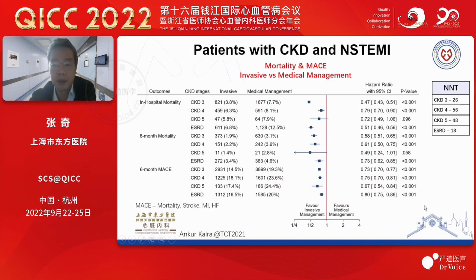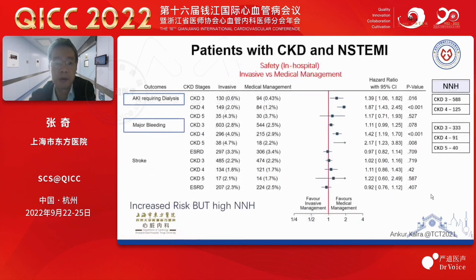So from that study and also the meta-analysis, we need to look at different subgroups of CKD, because if CKD patients have non-STEMI, we probably prefer the invasive strategy. The other is the safety analysis, because for those patients, if we do not provide invasive strategies, probably they will still see that.